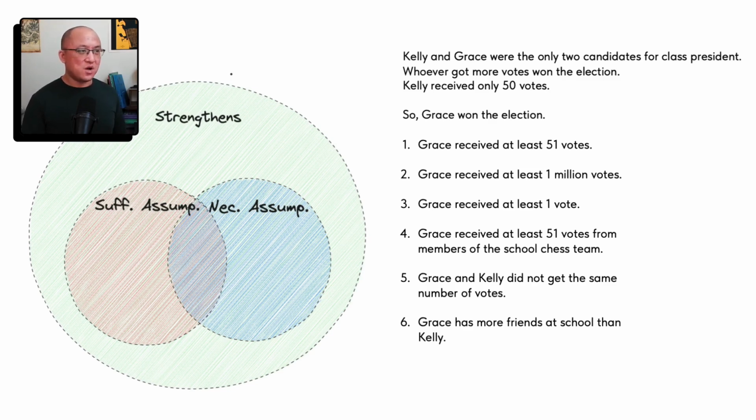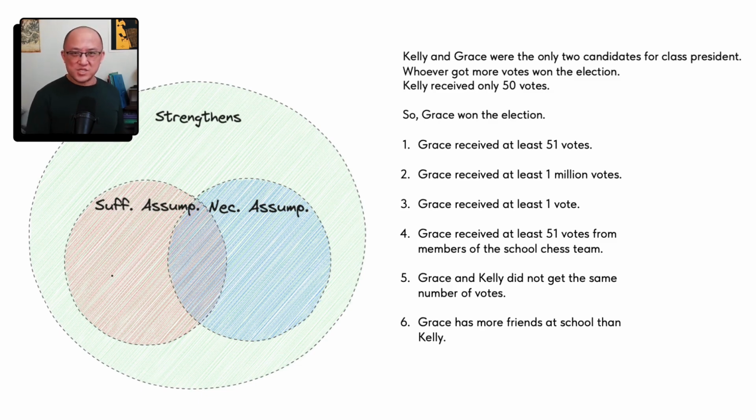And the visual on the left here is a representation of the relationship between sufficient assumptions, necessary assumptions, and things that would strengthen the argument. So you'll see that the large circle is things that would strengthen the argument. Both sufficient assumptions and necessary assumptions fall within that category. They will both strengthen the argument.